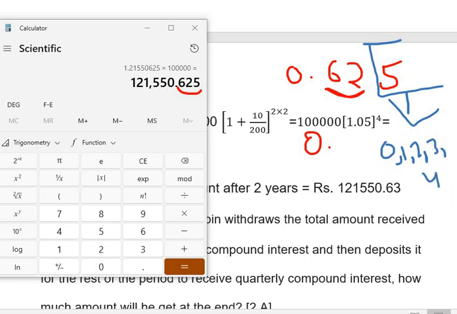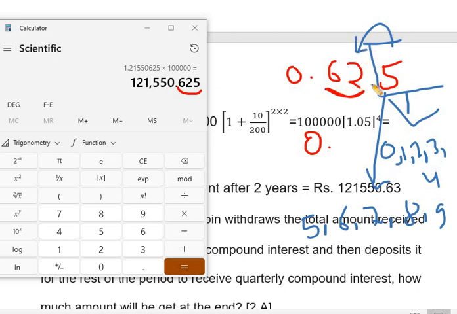But if the number you are neglecting is 5, 6, 7, 8 or 9, which is 5 or more than 5, then you should add 1 to the previous digit.